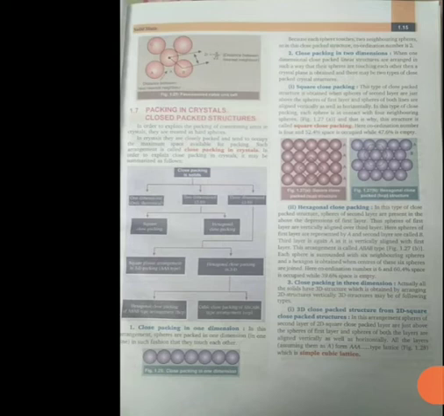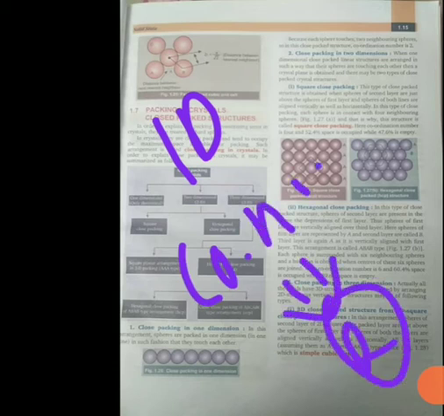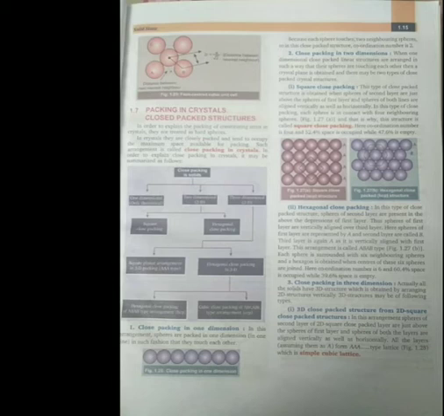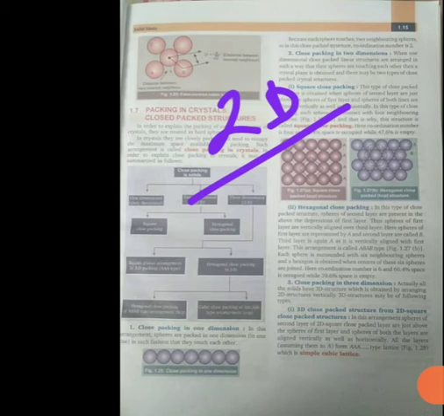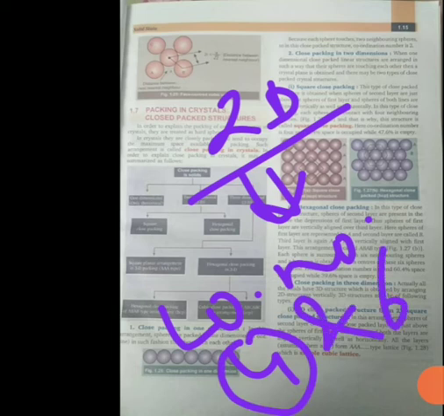And for this, what we have to keep in our mind is that every sphere is touching 2 spheres. That is why for 1D the coordination number will be 2. Okay, and students, for 2D, what we have to remember is that the coordination number will be 4 and 6.